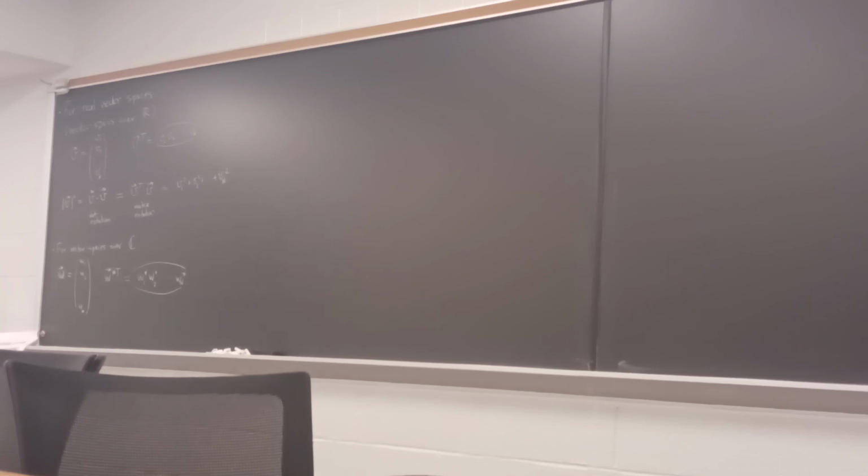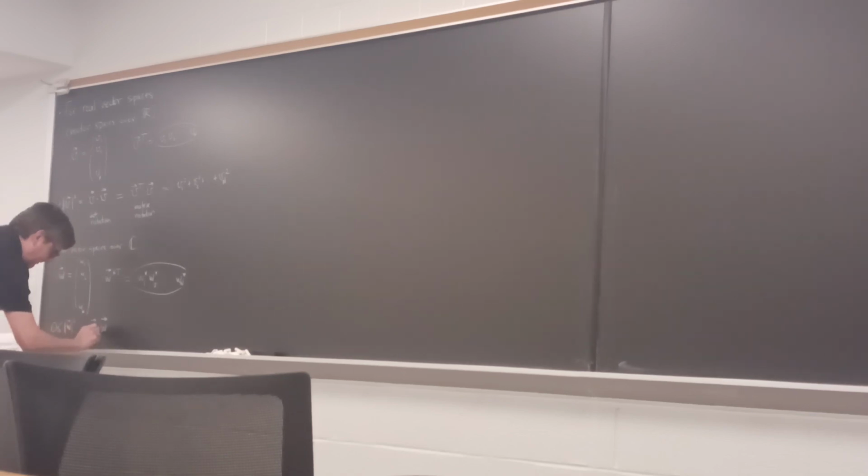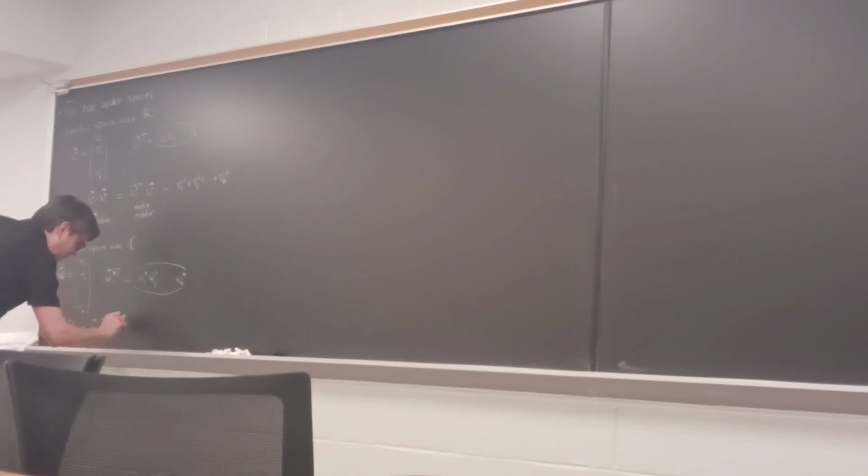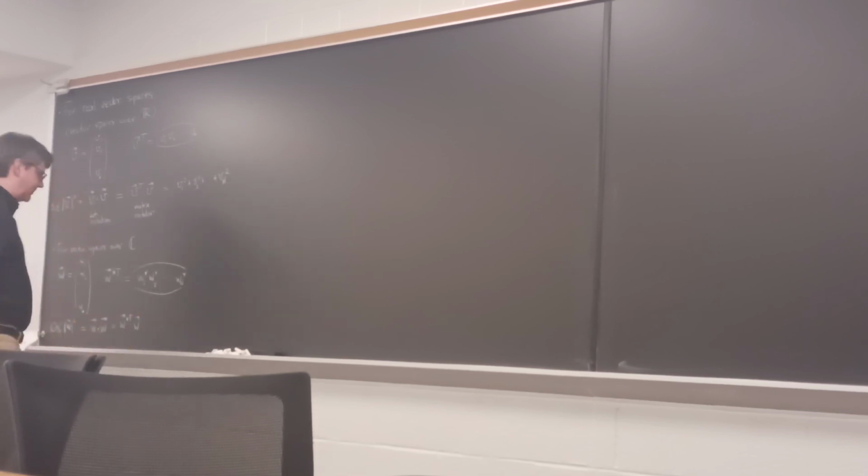I guess why must it be conjugated, if that's within the scope of this explanation? Yeah, because we want it to be positive. This thing has to be greater than or equal to 0. So if we want the same thing for the magnitude of this vector W squared, then we can write it again in dot notation. You can put a little C on that dot for complex. But this is equal to W star transpose W in matrix notation.